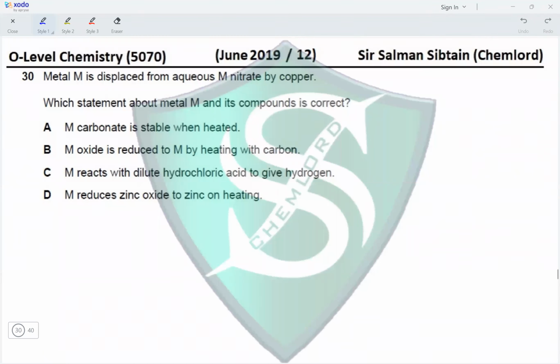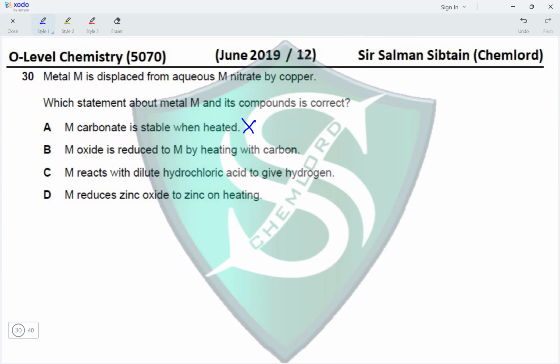Question 30. Metal M is displaced from aqueous M nitrate by copper. So copper is more reactive than metal M. Which statement about metal M and its compound is correct? M carbonate is stable when heated. We cannot comment on that. M oxide is reduced to M by heating with carbon.